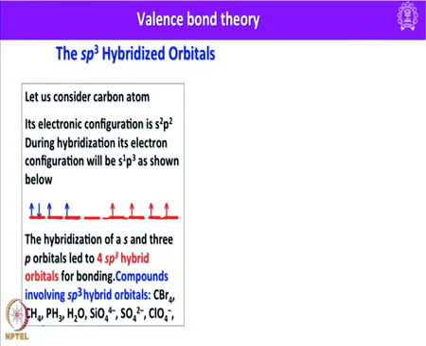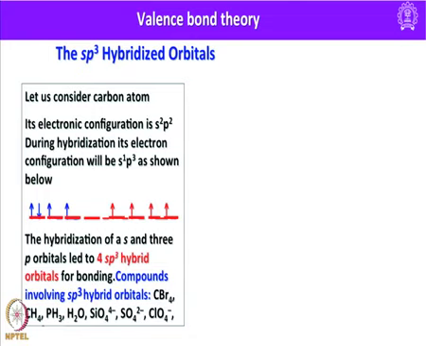So, during hybridization, one of the s electrons is again promoted to p to have s1p3 electronic configuration, and that means one s orbital will combine with 3 p orbitals to form 4 sp3 hybrid orbitals for bonding. Compounds involving sp3 hybrid orbitals are CH4, carbon tetrabromide, etcetera, and also PH3, NH3, H2O.